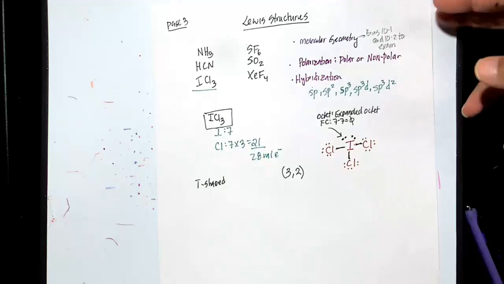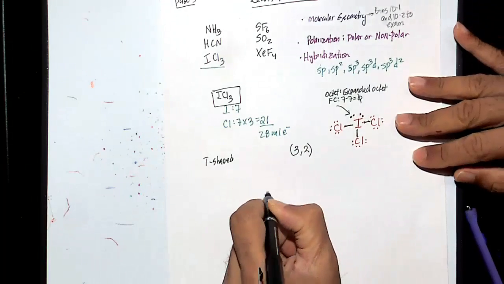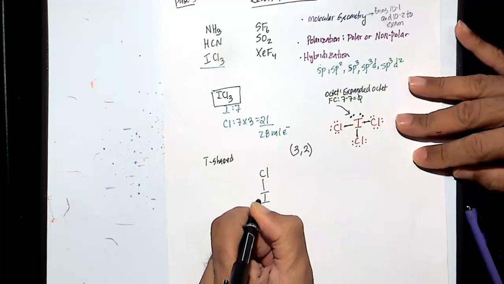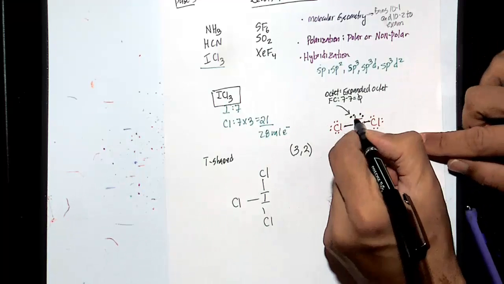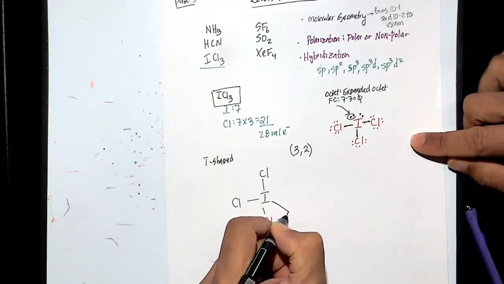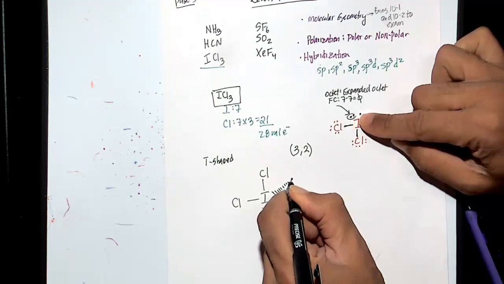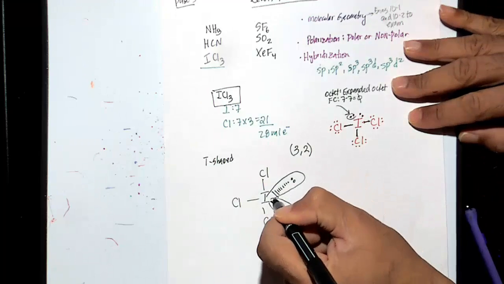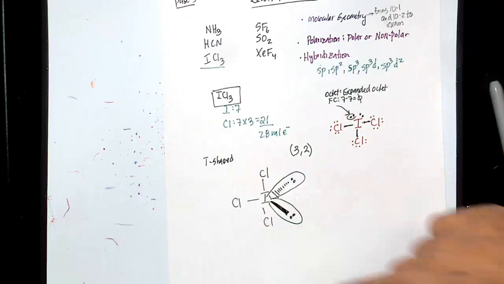Okay, so if we're going to draw this in three dimensions, I'll put a Cl here, I'll put a Cl here, I'll put a Cl here like the letter T. I'm going to have this pair of electrons come towards you guys. This pair of electrons go away from you guys, or go away from the paper. And that's one way you can make a 3D structure of ICl3.